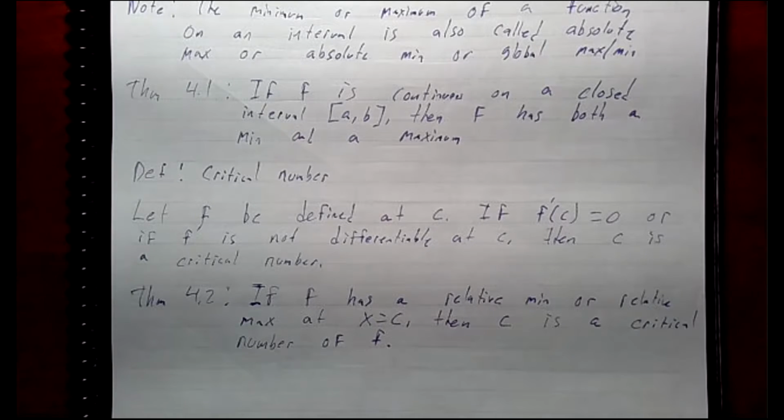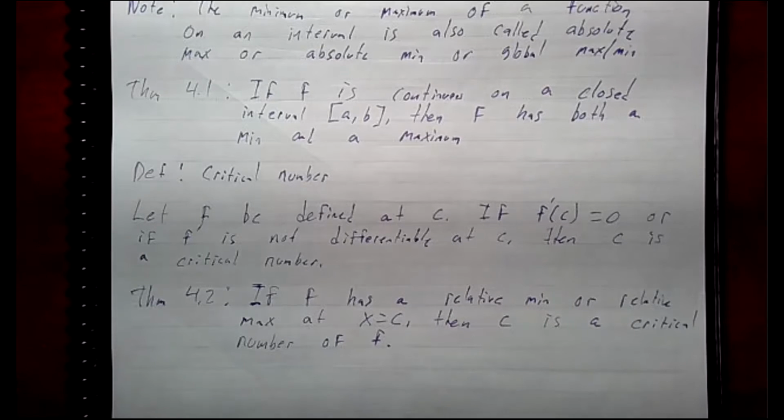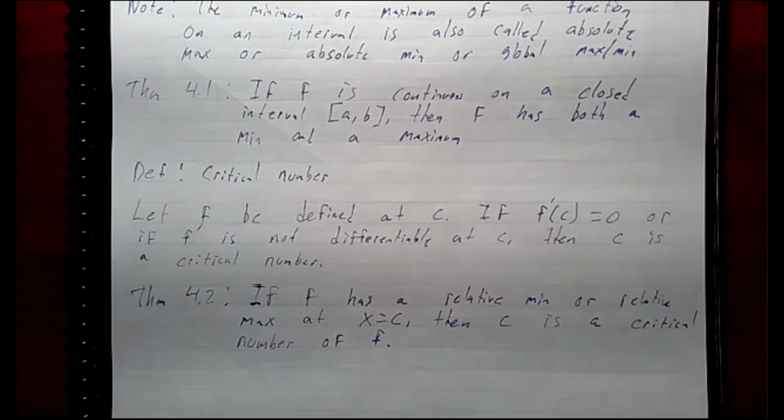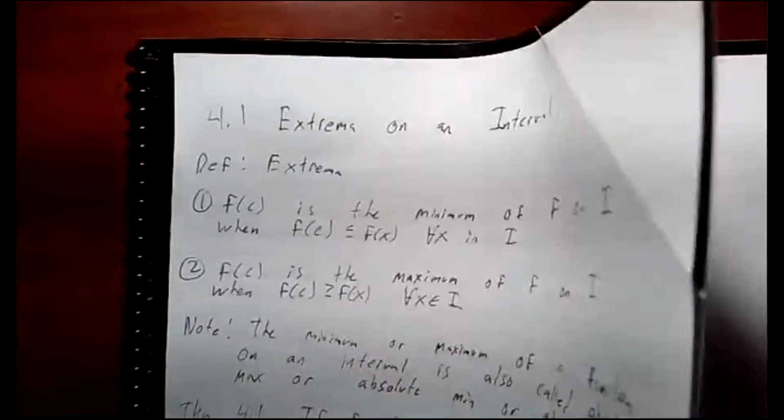All those peaks and valleys that we talked about in college algebra are considered extrema, max and mins. And those extrema happen at critical numbers. So that's why we want to find the critical numbers. Okay, so let me write down the guidelines on how to do this.